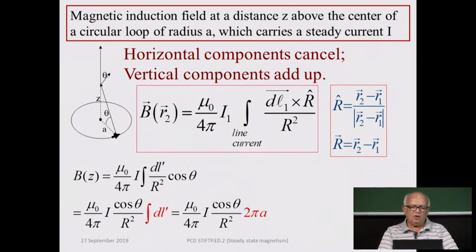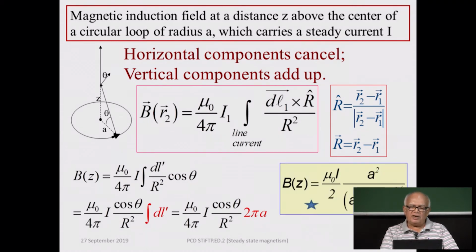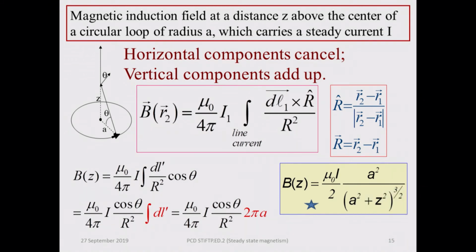So, you integrate over the closed path, and the closed integral of dl, the length segment over the closed path on the circle, will give you twice pi times the radius, which in this case is considered to be little a, and you can see from this very simple geometry that you have an expression for the magnetic field at this point, all right. So, you can write it using the Pythagoras theorem in terms of the radius of the circle and the distance from the center of the circle above the plane of the circle, okay. So, you can write it in terms of a and z in this figure.